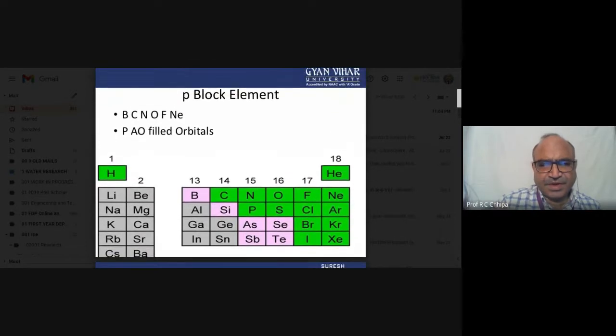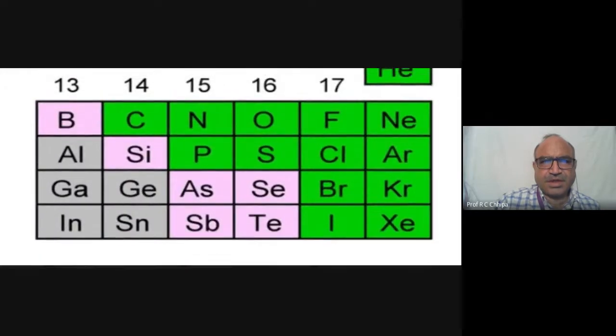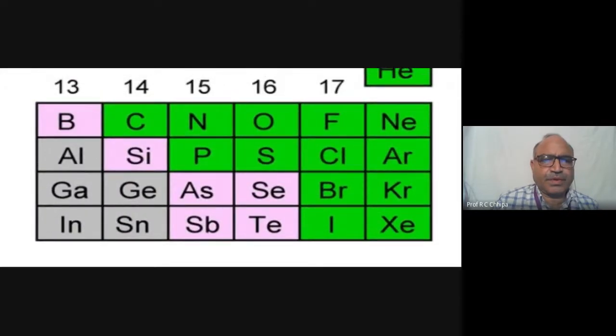In boron, the electron comes in p1, carbon p2, nitrogen p3, oxygen p4, fluorine p5, and neon p6.